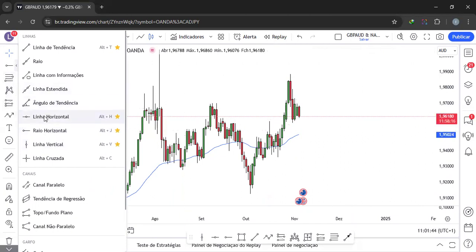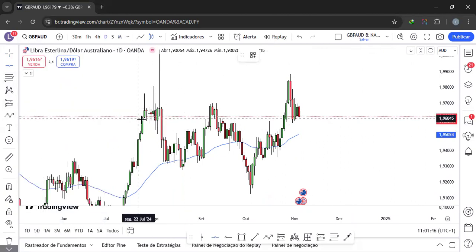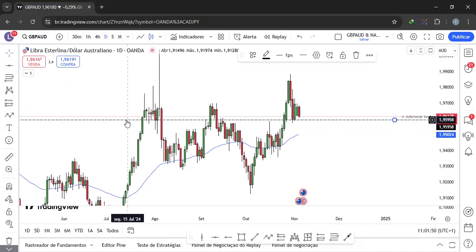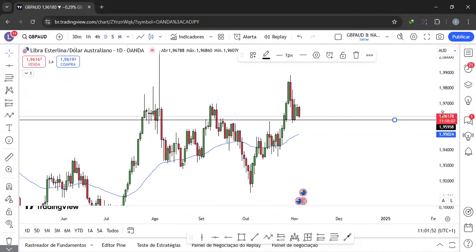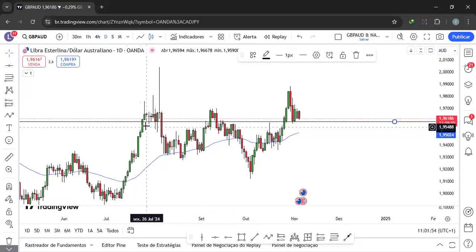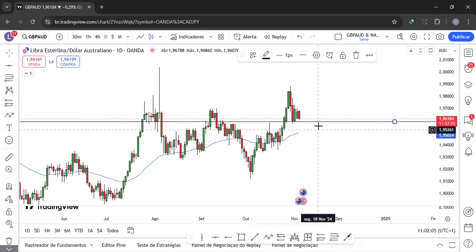If we draw our horizontal line on this point, we can see that previously we had this point as a support, gap, resistance, and support. That means there is a strong possibility that the market comes and reacts on this level and pushes to the upside.